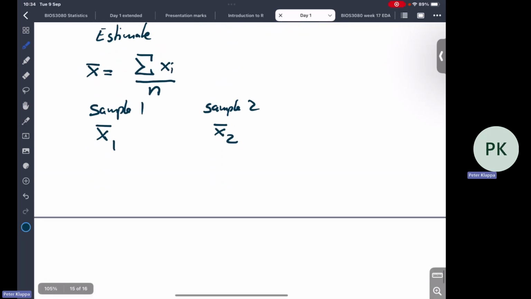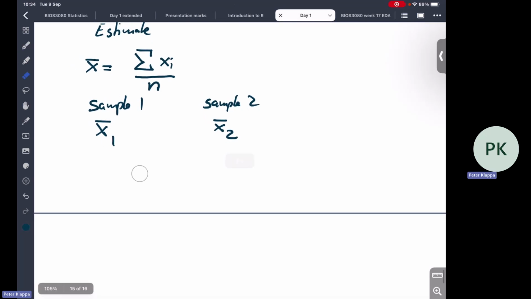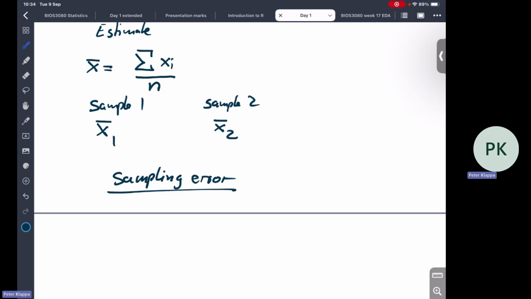No? This name, I absolutely hate it, but nevertheless, it's very common. What we observe here is called sampling error.